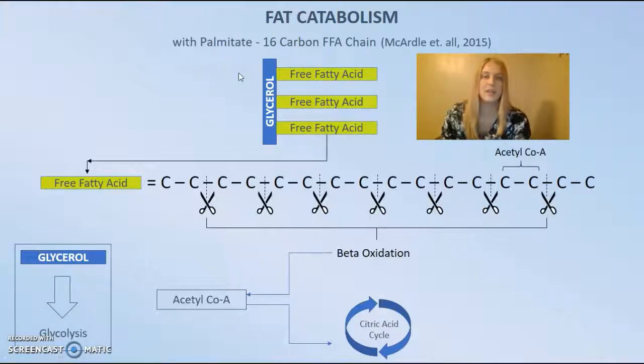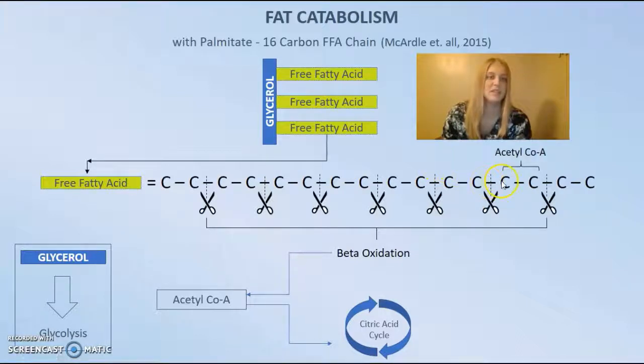As for the free fatty acids, each one goes through a process called beta oxidation. Each free fatty acid is 16 carbons long, and what beta oxidation does is it cuts the 16 carbon chain into 8 2-carbon pieces.